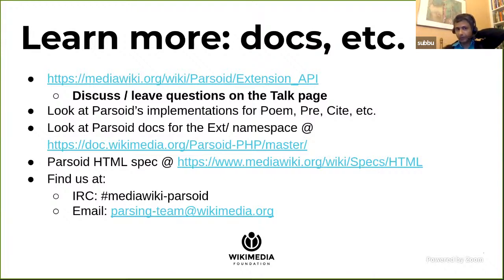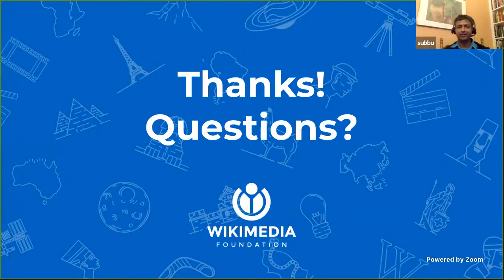And look at Parsoid's implementations for Poem, Pre, Cite, etc. Look at the docs, look at the spec. And if you need to talk to us, please find us on IRC on the MediaWiki Parsoid IRC channel, or email us at parsingteam@wikimedia.org.